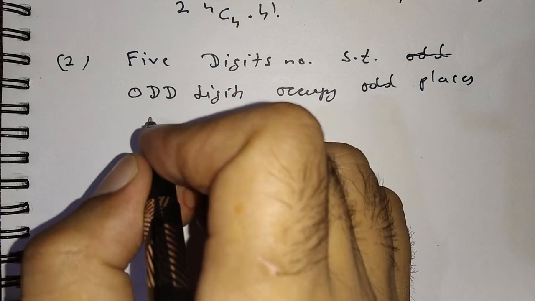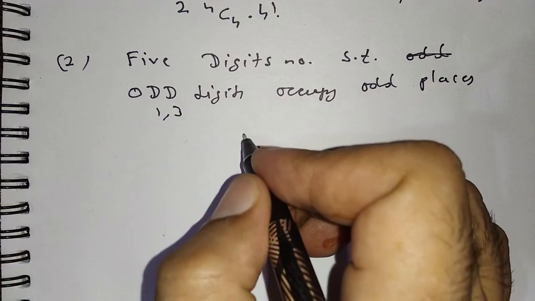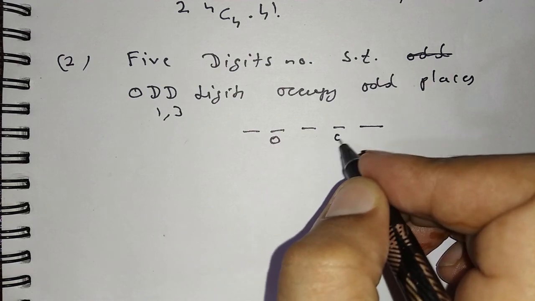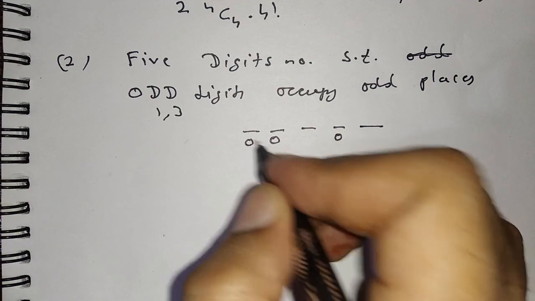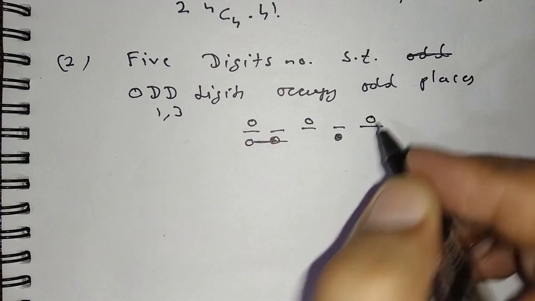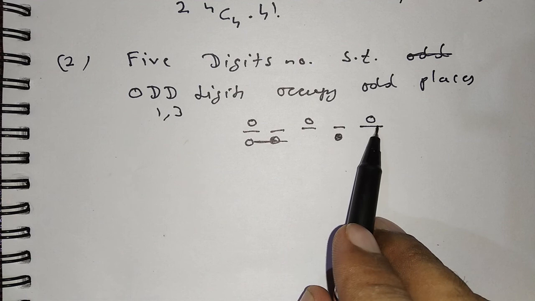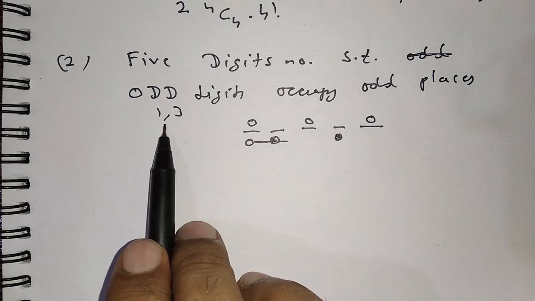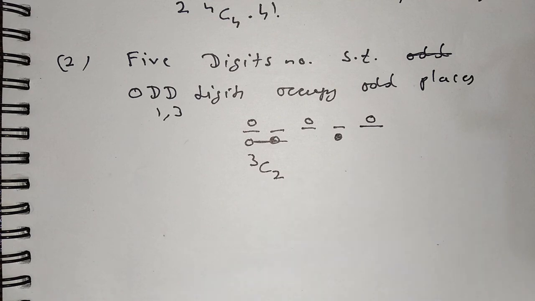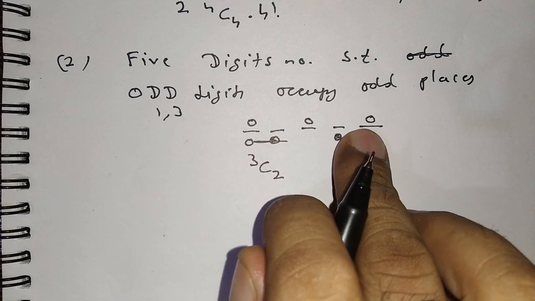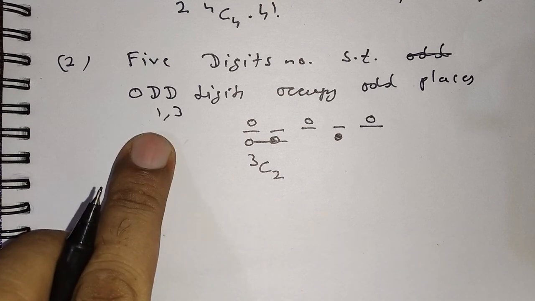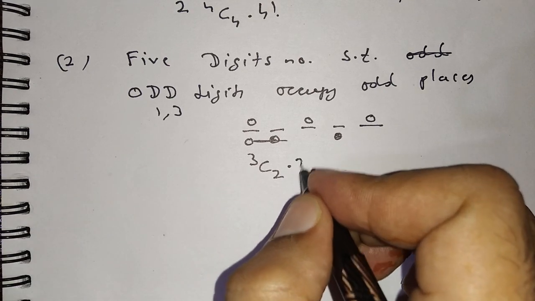We have 2 odd digits, that is 1 and 3, and we have 3 odd places: first, third and fifth. So out of these 3 odd places we will put our 2 digits, 1 and 3. This can be done as 3C2: out of these 3 places we select 2 places. In those 2 places we put 1 and 3, and that can be arranged as 2 factorial.